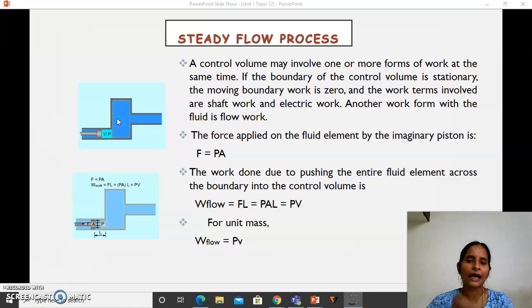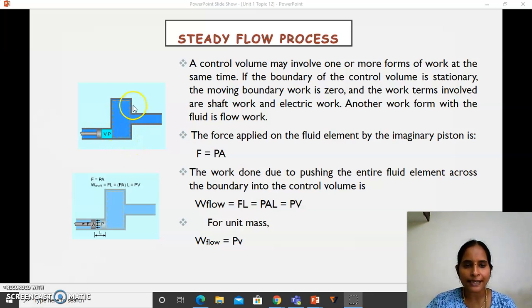We talk about system, surroundings, boundary and all, right? But in these types of open flow devices, the fluid continuously moves from entry to exit.